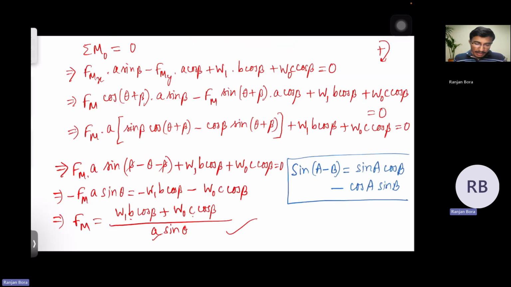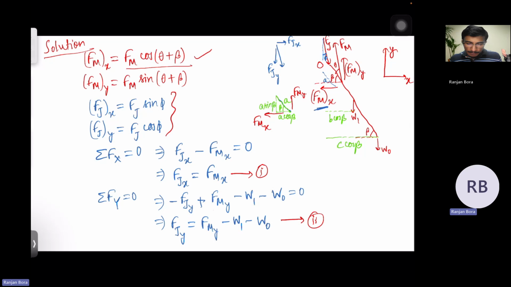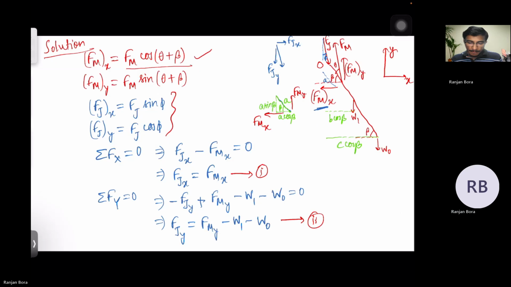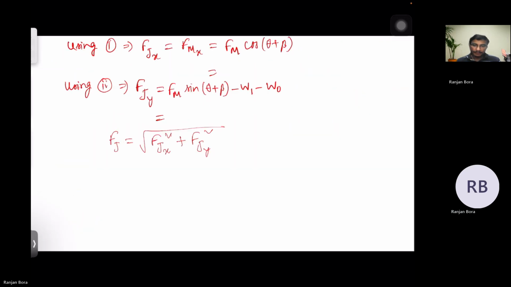So we will get the magnitudes of Fm and Fj in terms of these parameters. I hope this is clear to you.